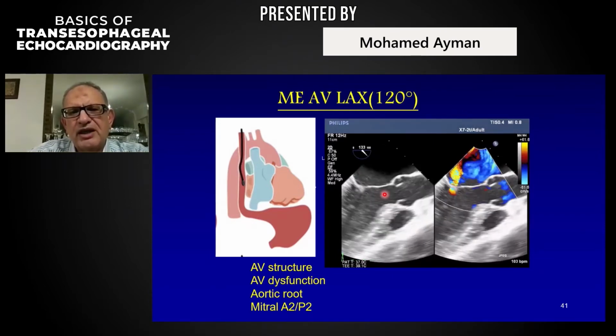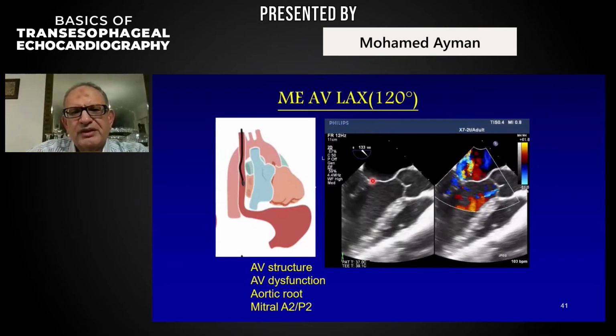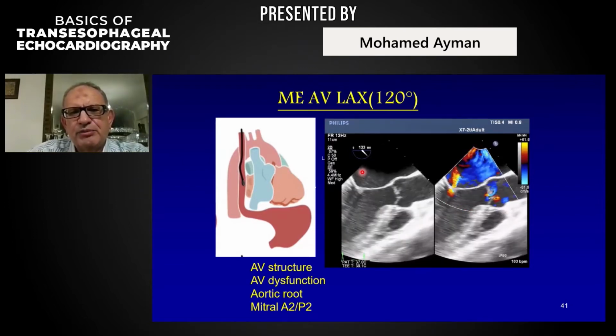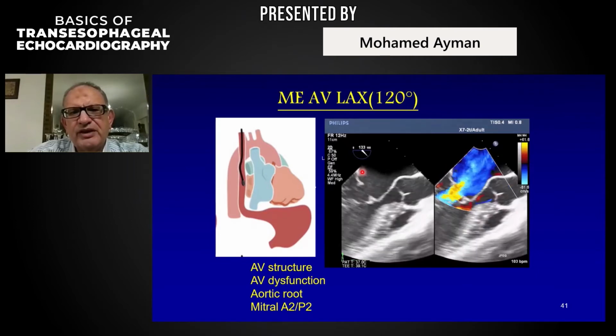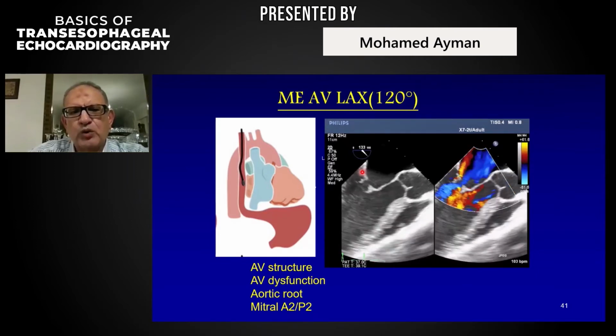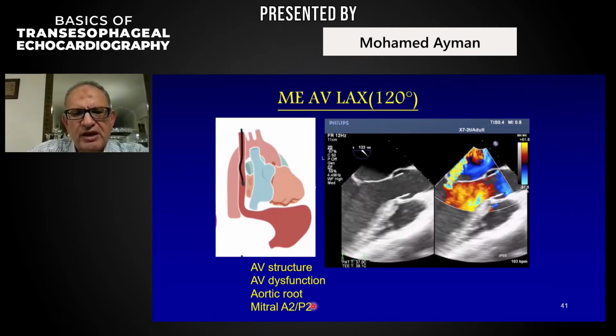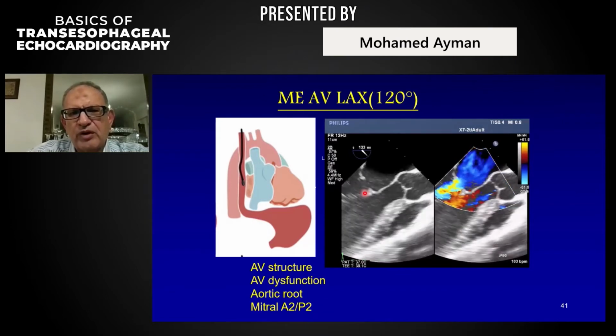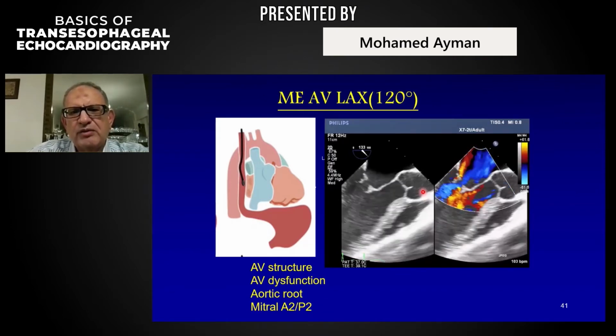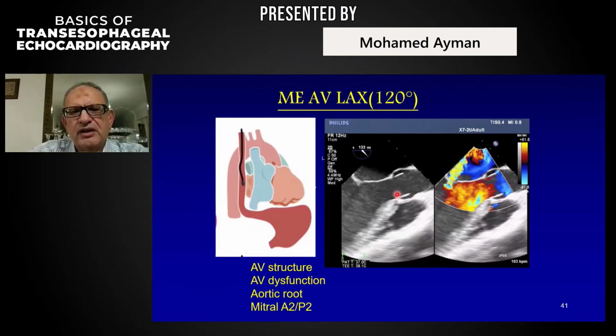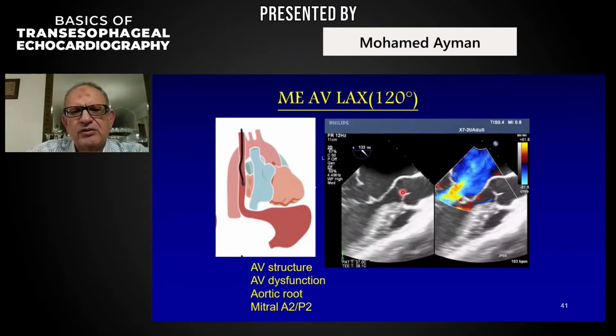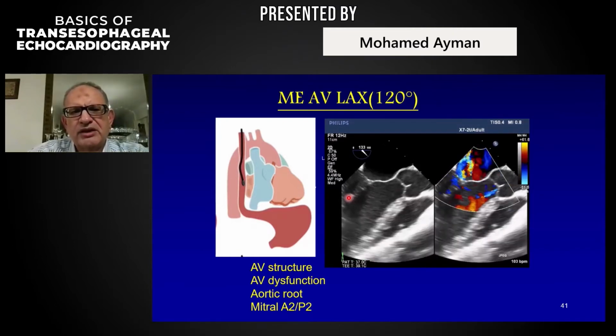The middle one, A2. And the second one here is the posterior mitral valve leaflet, and this is P2. So this is the middle scallop view at 120. So here we see the aorta, the aortic annulus, aortic cusps, and the mitral valve.